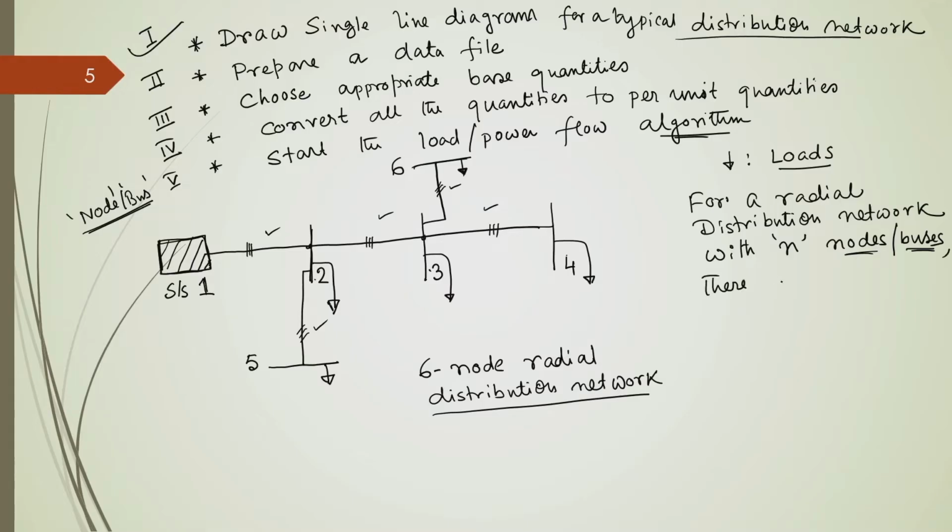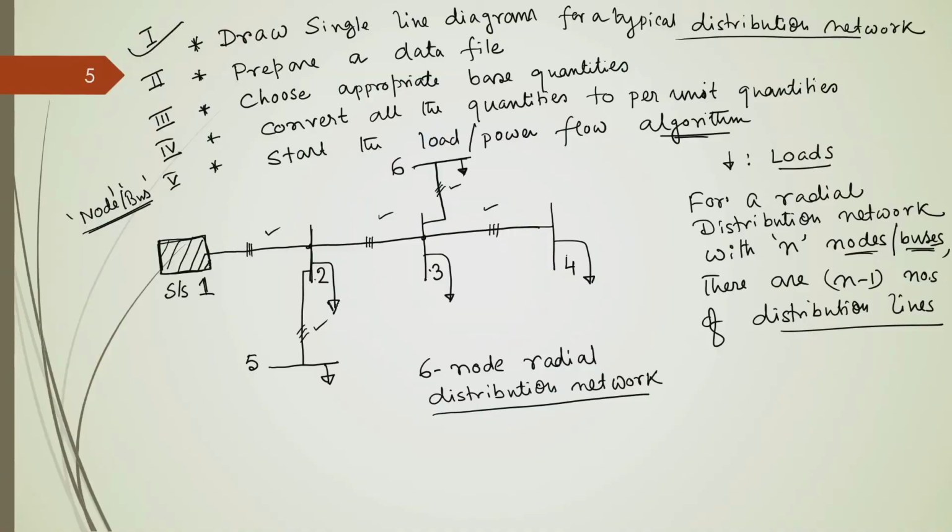There are n minus 1 distribution lines. Okay. Now, for a power distribution network, mostly all nodes are passive loads.